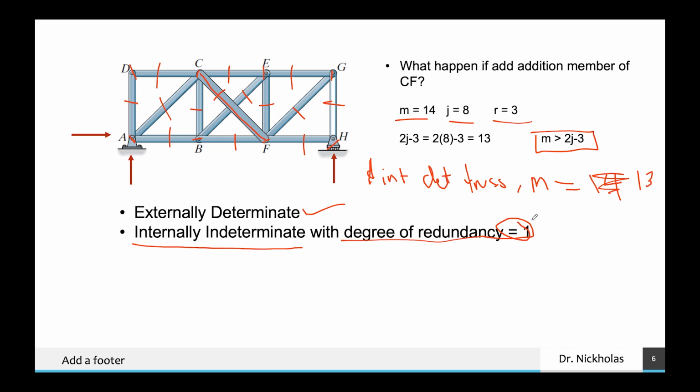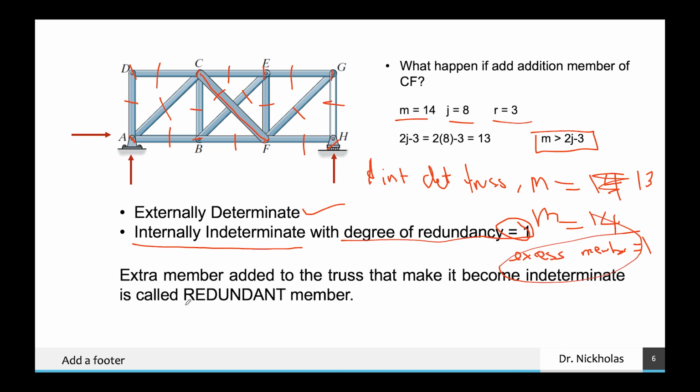However, now we have members equal to 14. So it means that we have an excess member equal to 1, and this excess member is also called a redundant member.